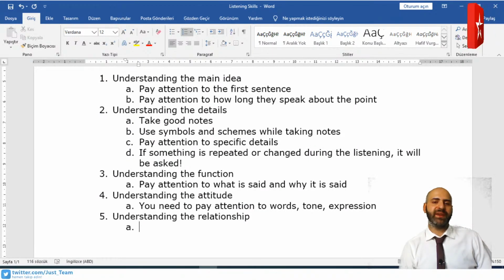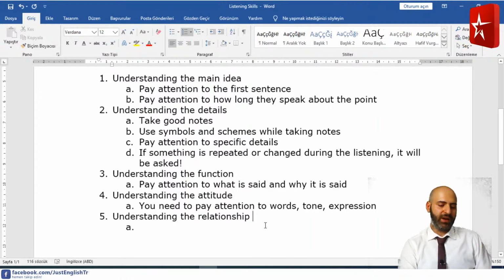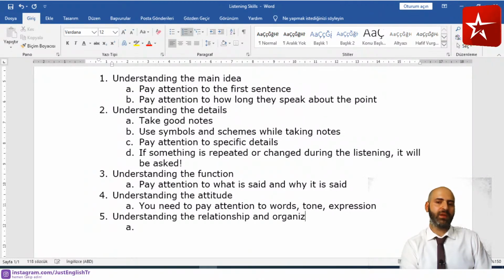Also, you need to pay attention here to the structure. I will write here relationship and organization, because they will also ask you one question about how the passage is organized.